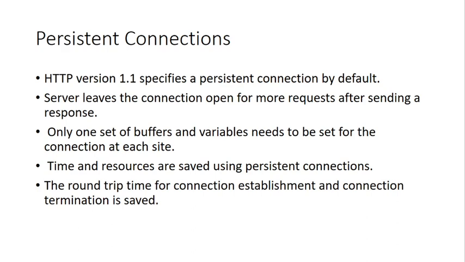Coming to the persistent type connection. In a persistent connection, the server leaves the connection open for more requests after sending a response. The server can close the connection at the request of a client or if a timeout has been reached. So what happens is that the sender usually sends the length of the data with each response.